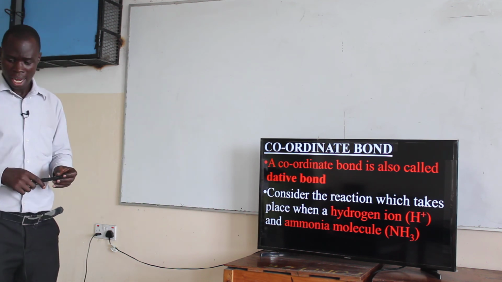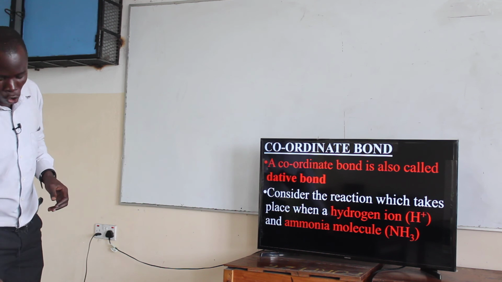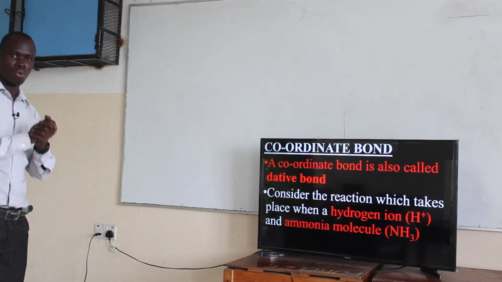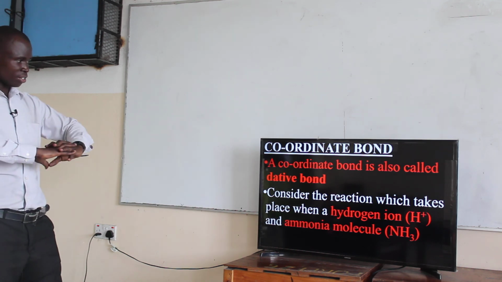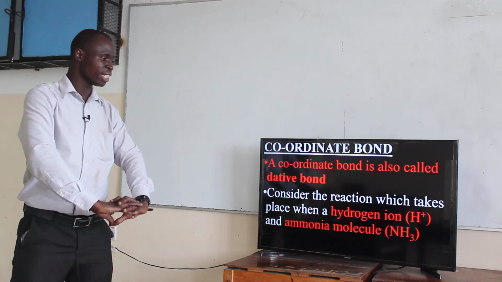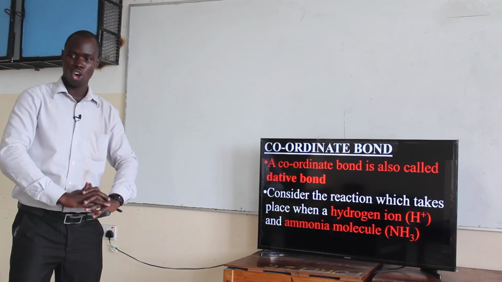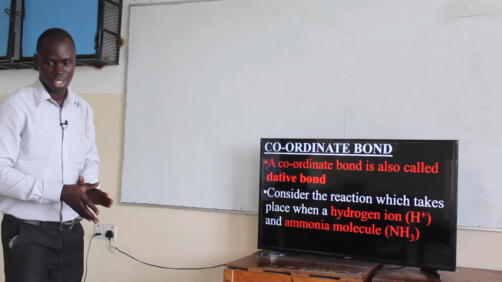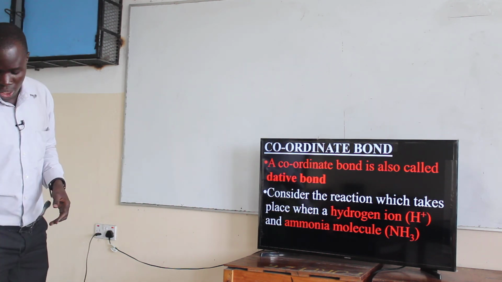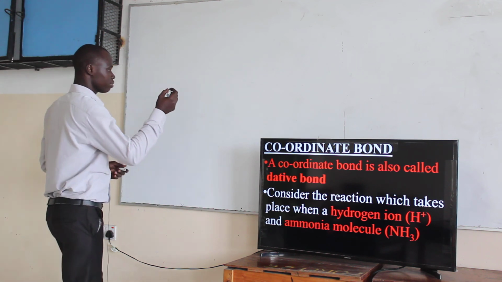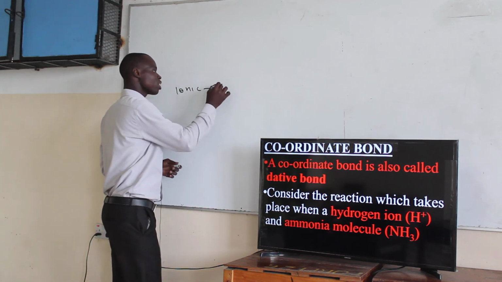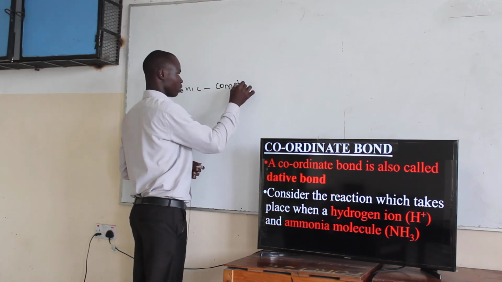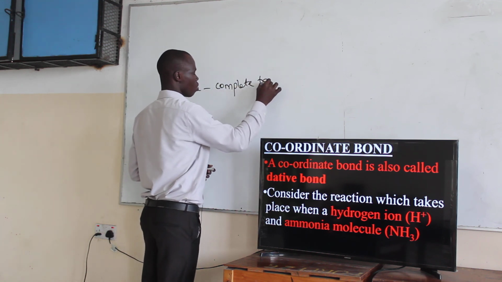Coordinate bond is also called a dative bond. What's a coordinate bond? Coordinate bond is something I'm going to introduce, so that next time we are going to pick it from there. You see, in ionic bond, there was complete transfer of electrons.